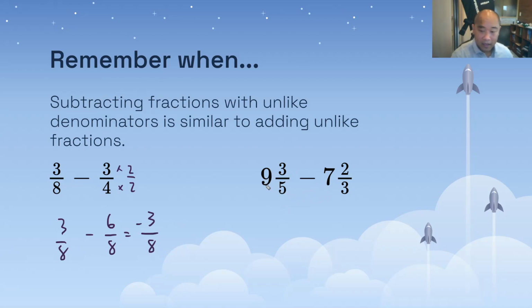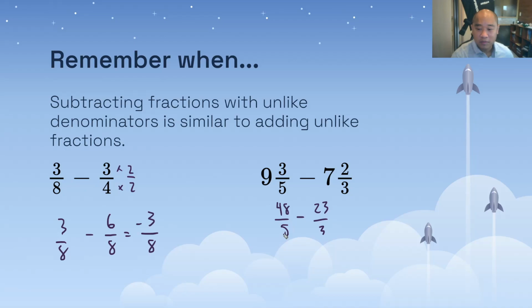Here we're going to do it again, but we're going to turn this first into an improper fraction. 5 times 9 is 45, plus 3 is 48 over 5. And then we're going to subtract, this is 21 plus 2 is 23 over 3. 15 is our LCM.